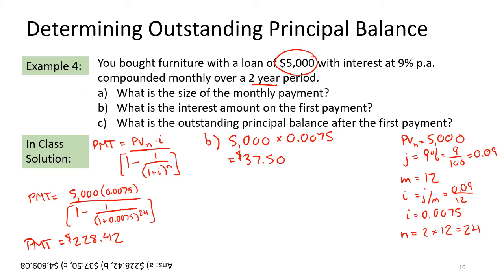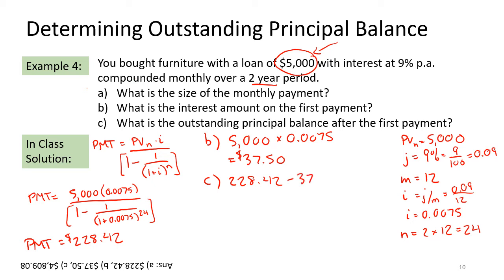Part C is asking what the outstanding principal balance is after the first payment. Okay, so remember our principal is the amount we had at the start of our loan, $5,000. So in order to calculate that, we have to figure out how much of our initial payment was actually on principal. So we know our payment is $228.42, and we have to subtract the amount that we're paying as just interest, right? Because it doesn't pay off the actual loan.